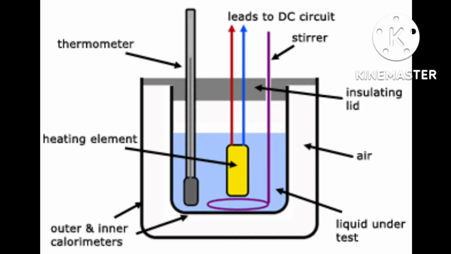Then you just have to multiply both, delta T into heat capacity, that is equal to QV.